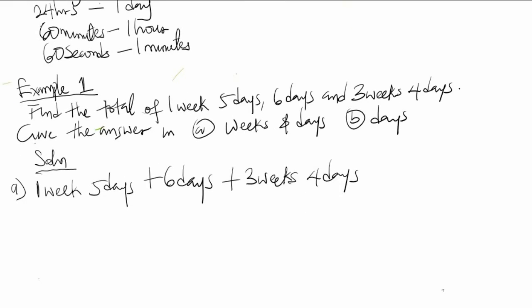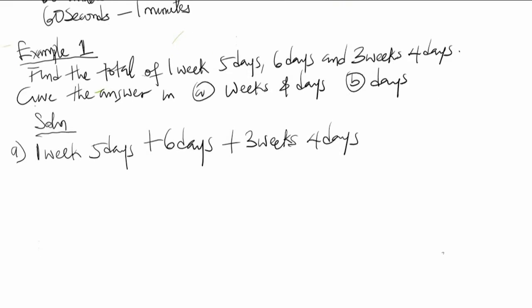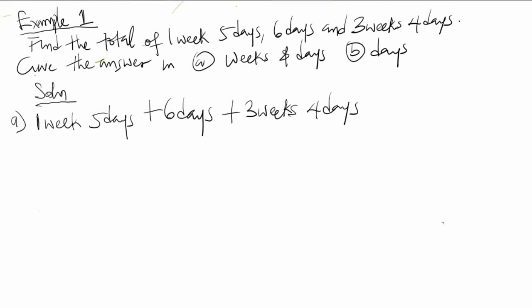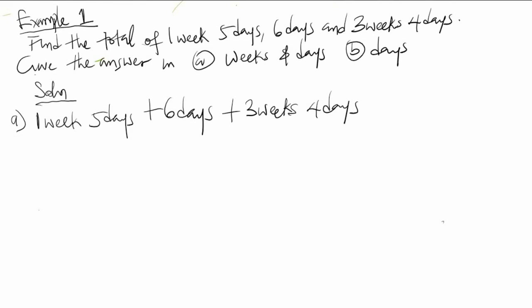First of all, let us create a table. I hope you are with your writing materials and following as I scroll down. So we are going to create a column for week and for days. This is the column for week, and this is the column for days.